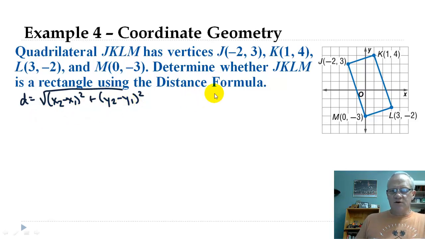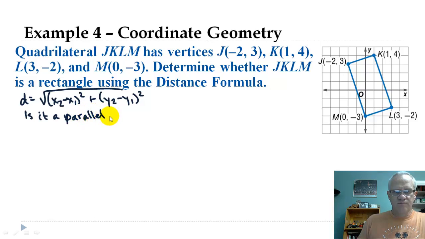So what we want to do is there are two steps. The first step to prove that this is a rectangle or not, we have to first figure out, is it a parallelogram? That's our first step.